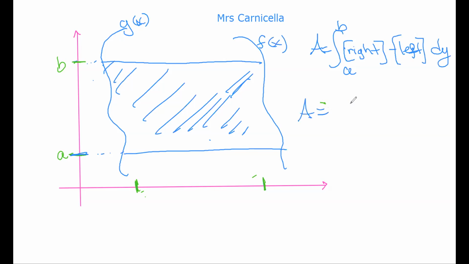So it's always going to be the one on the right minus the one on the left. So in this case, it's f of y. I'm sorry, this should be y, and this should be y. Minus g of y dy.